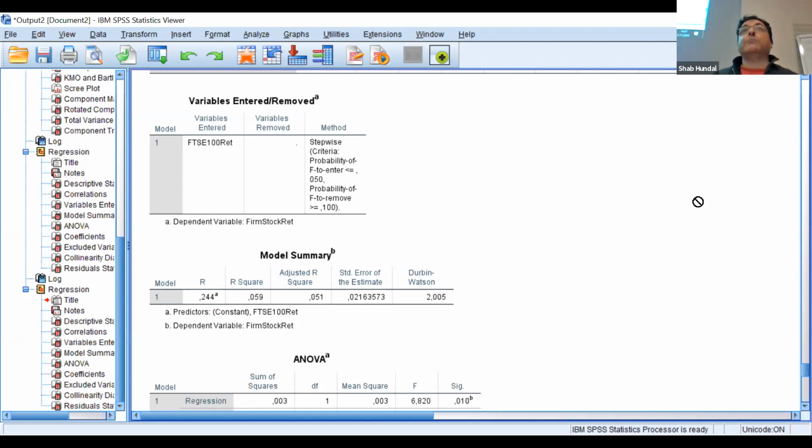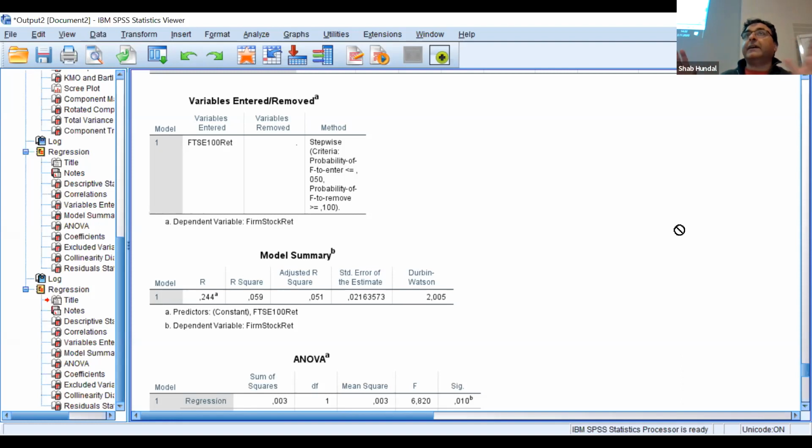Maybe we are missing some variables. Maybe we have taken some useless variables. Maybe our model is not linear but non-linear. But remember, this is not a crime. Don't think that if the explanatory power is low, it's a crime.